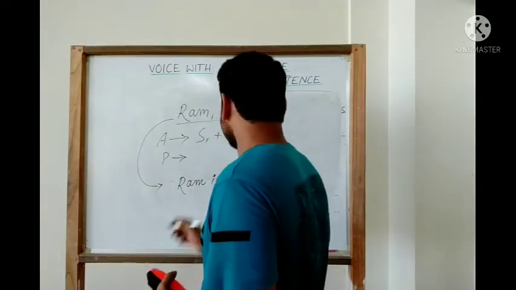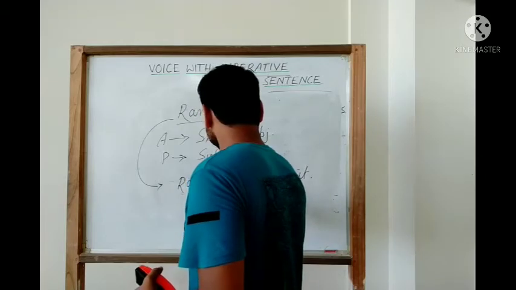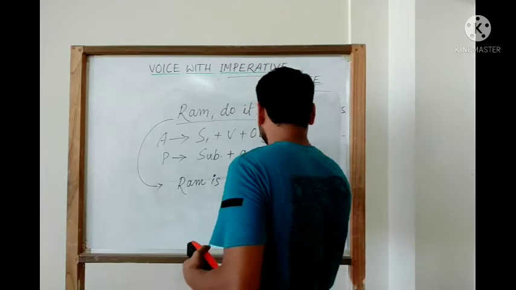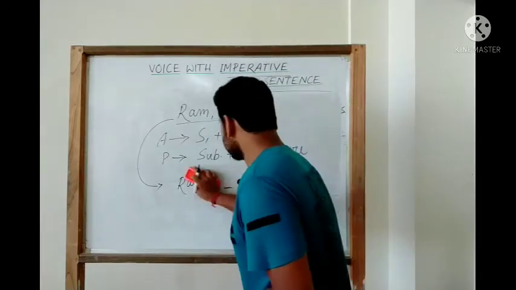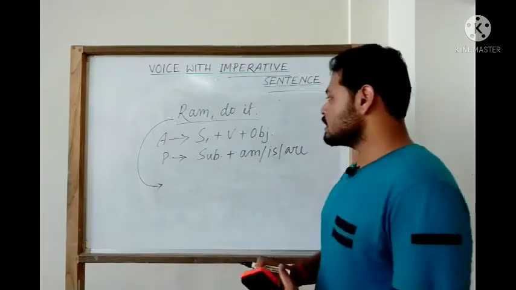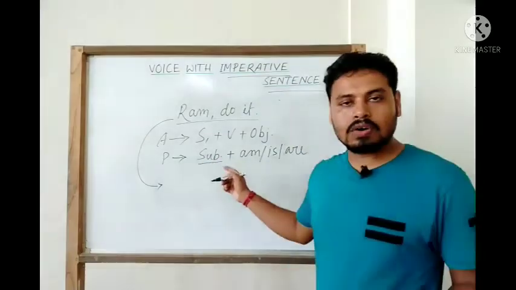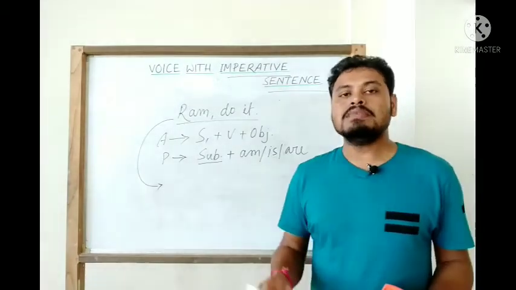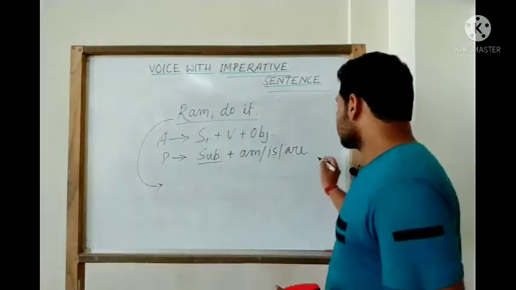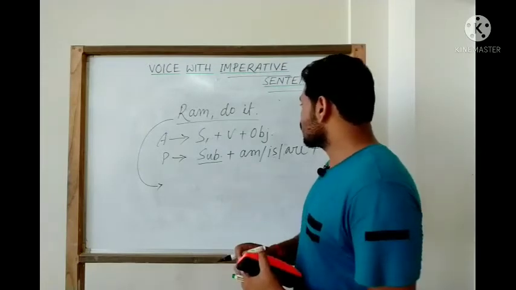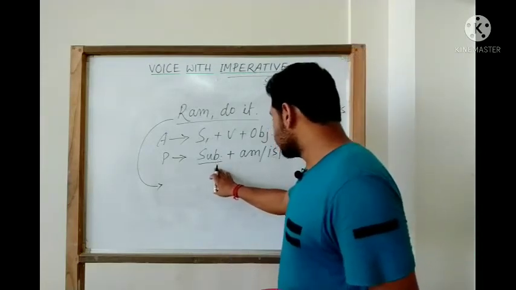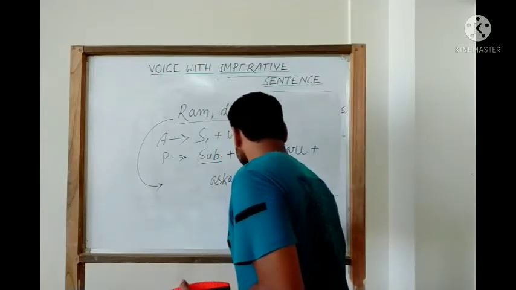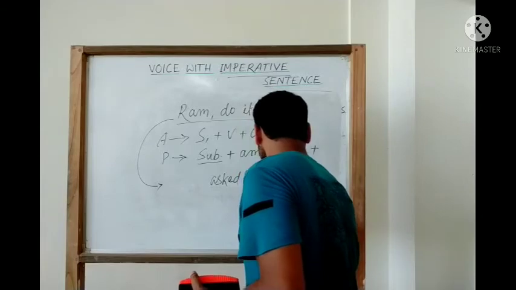Passive one is obviously the subject plus be verb, am, is, are. It will depend on the subject definitely. As per the subject, we would use either am or is or are. Then asked to.